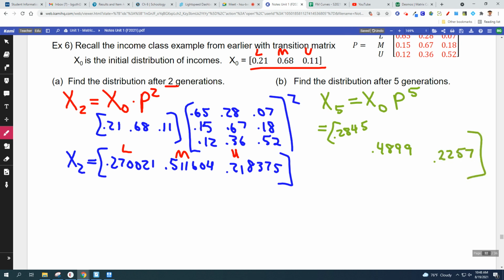Normally, I wouldn't want to round off, but since I'm out of room, there we go. That is the distribution. You might have to answer a question like, what percentage of the population was upper class after 5 generations? And then you'd say something like 22.5, 22.6.